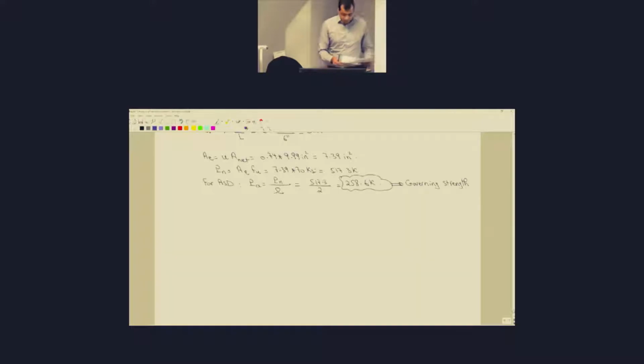Any questions? Okay. So I had a question. Yep. So we're checking to see if yielding or rupturing governs the load case, right? Will the values in the table, even though they don't necessarily match exactly, will they always show which load case governs?